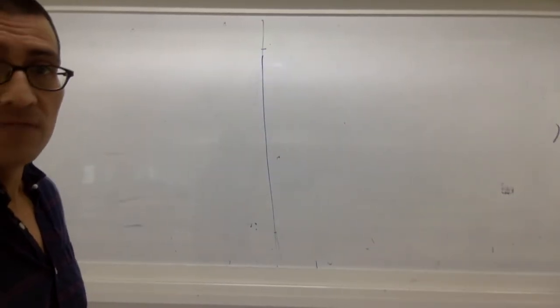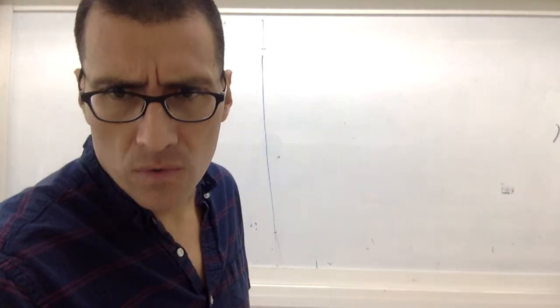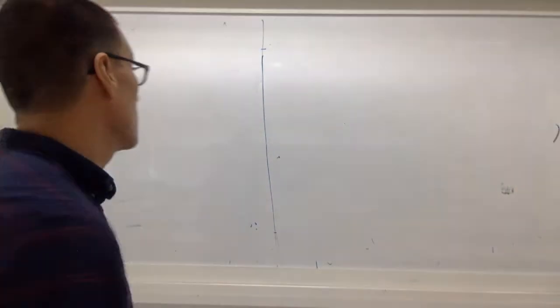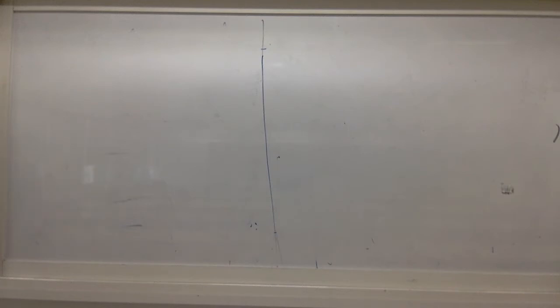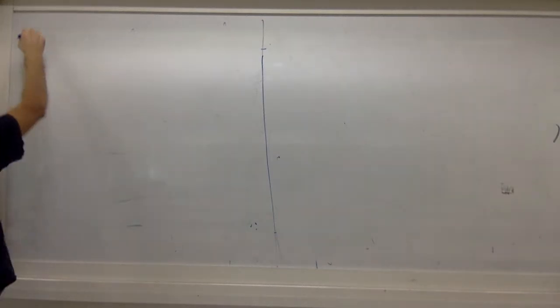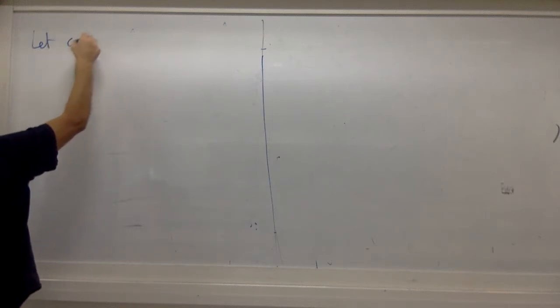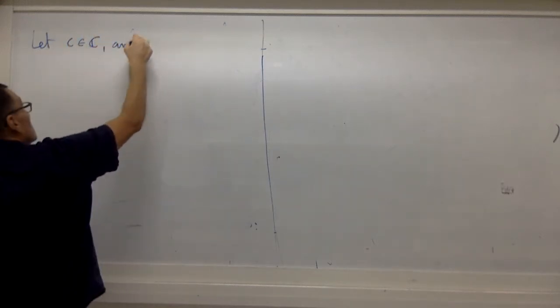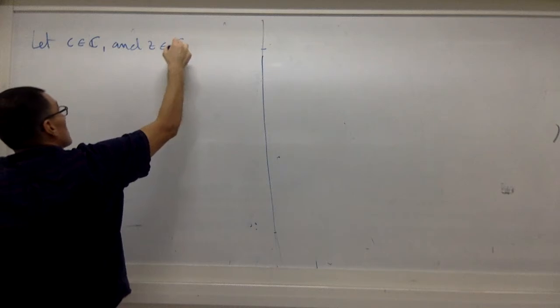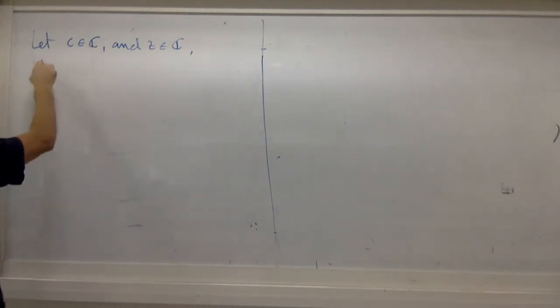So this is as follows, guys. Look. Let c be a complex number and z be a complex number as well. Then we define.